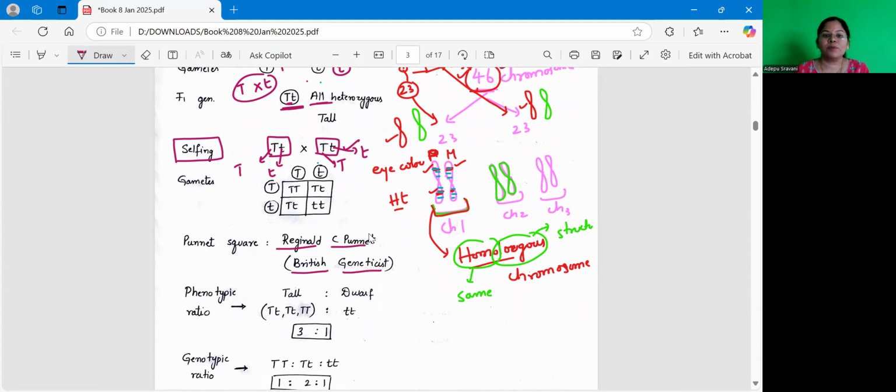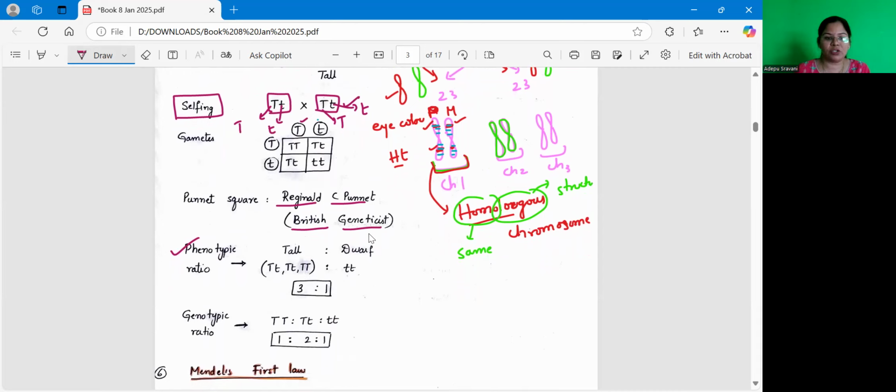Here, in this Punnett square, when you put the gametes on the sides like this, you get the boxes. Now, in these boxes, what are the things we are getting? We get two things. One is called the phenotypic ratio, and the other is the genotypic ratio. What do you mean by phenotypic? The outer appearance of the plants. So these are the results we are getting.